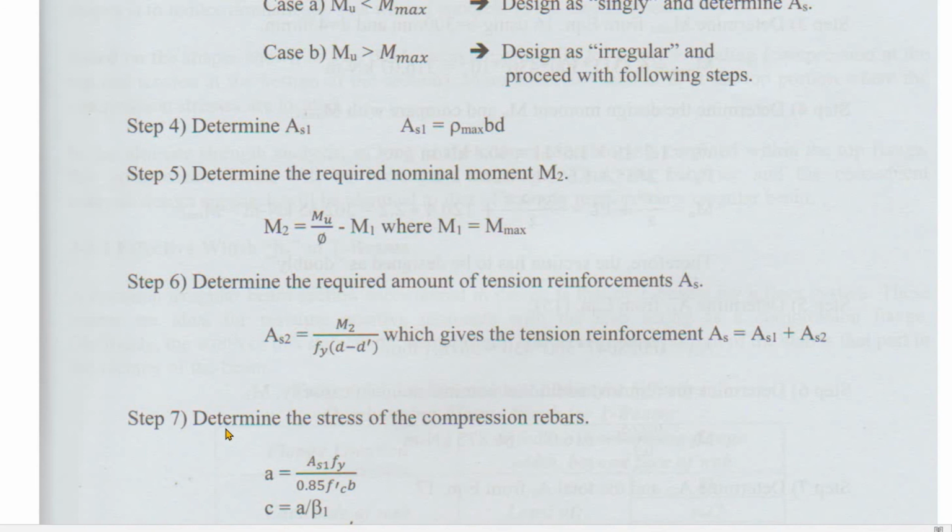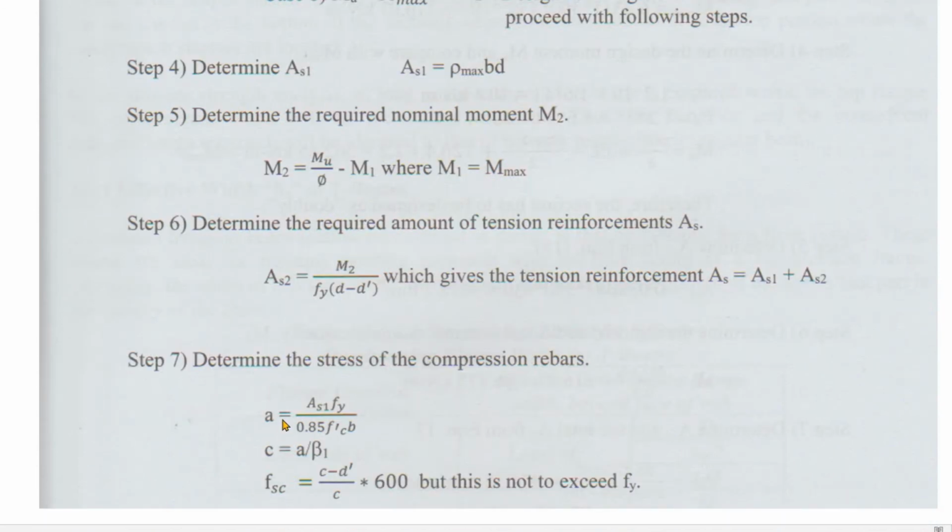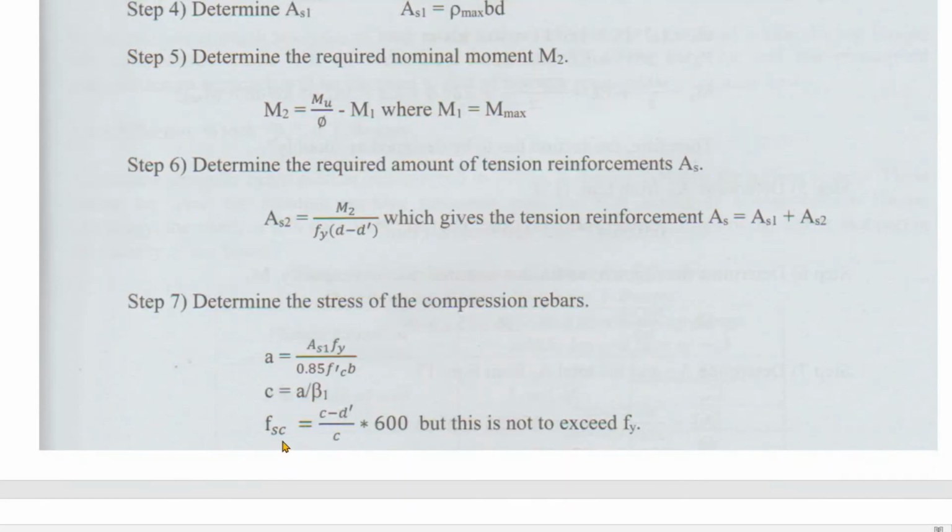After that, we go to step 7, determine the stress of compression bars. You have small a is equal to AS1 Fy all over 0.85 f'c b, and then you divide that by beta 1, you can solve for small c, and you can find the stress in the compression steel, which is equal to (c minus d prime) all over c times 600.